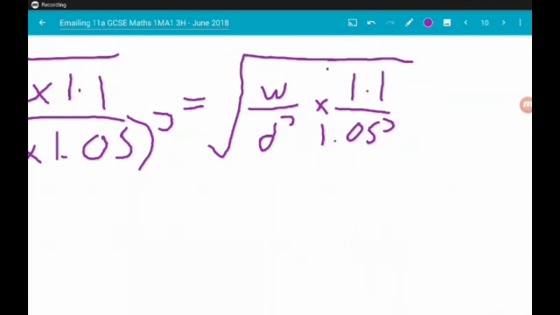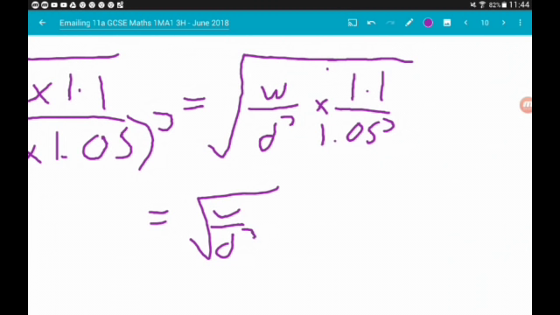So, by the rules of thirds then, we can write this as the square root of W over D cubed times the square root of 1.1 over 1.05 cubed.